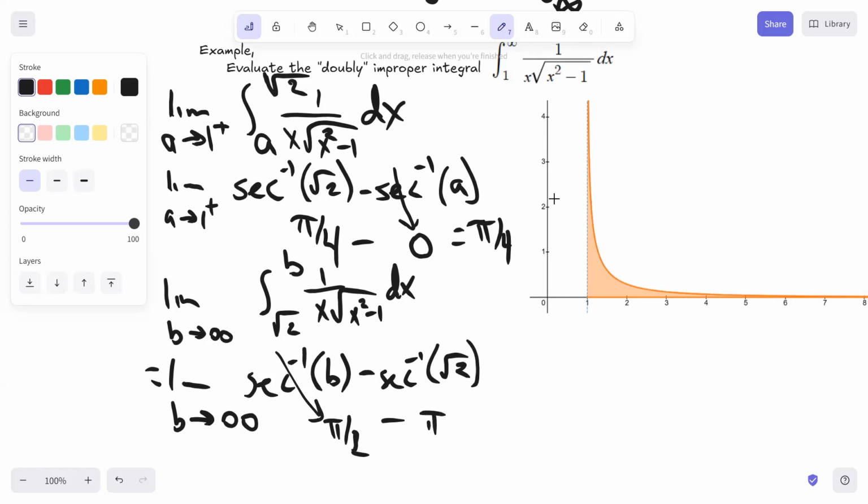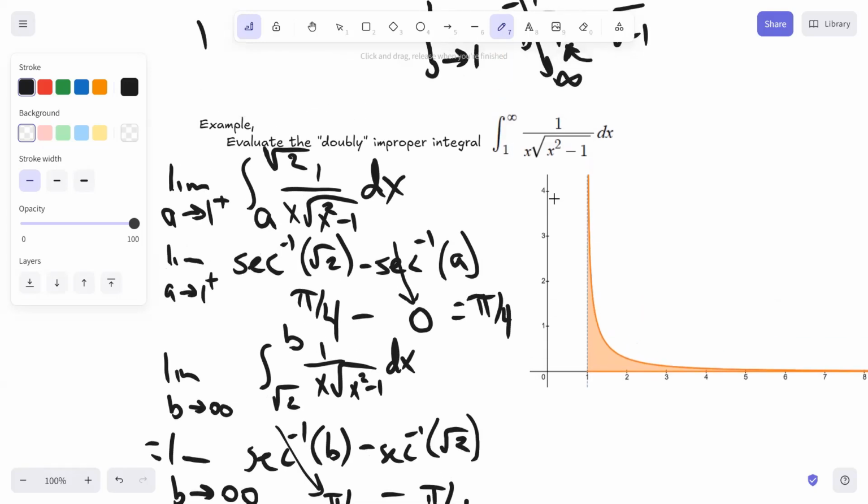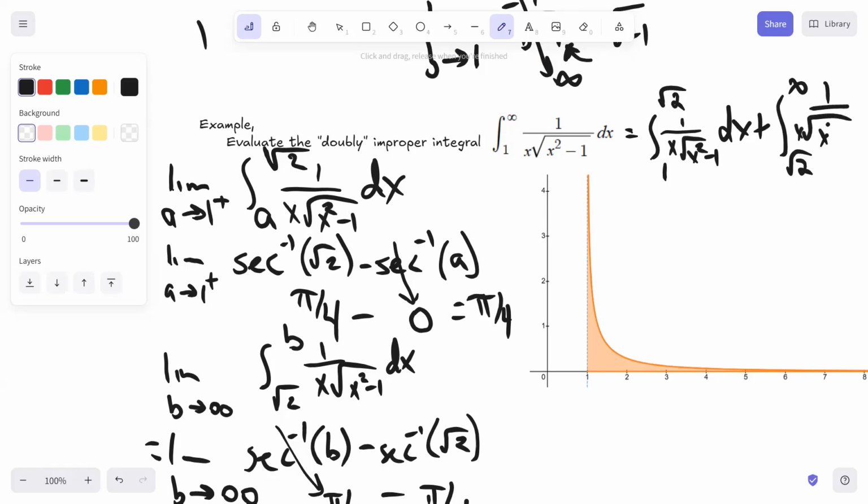So if we look back at this original integral, we can think of this as the integral from 1 to root 2 of 1 over x root (x squared minus 1), plus the integral from root 2 to infinity of 1 over x root (x squared minus 1) dx.